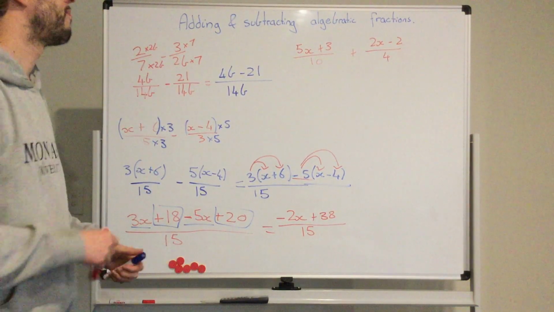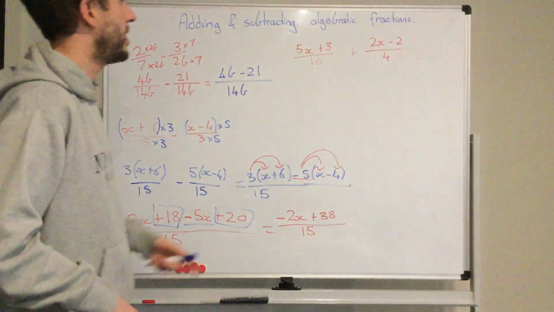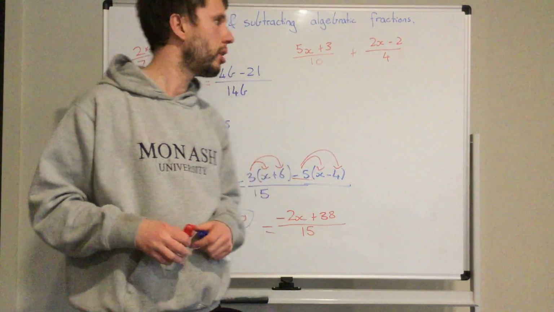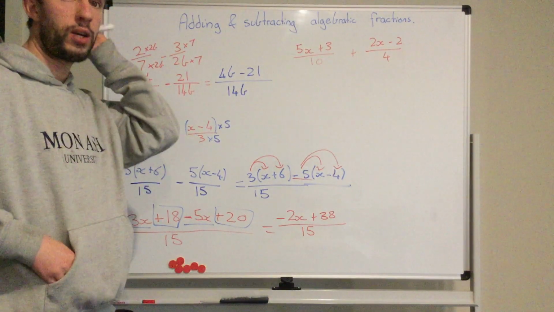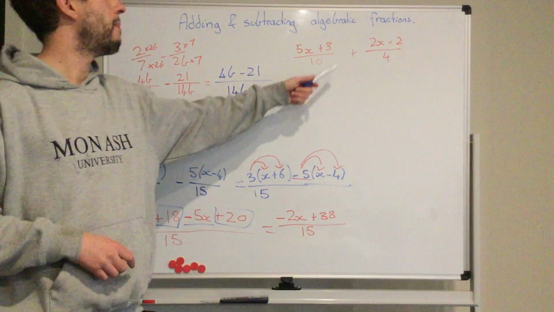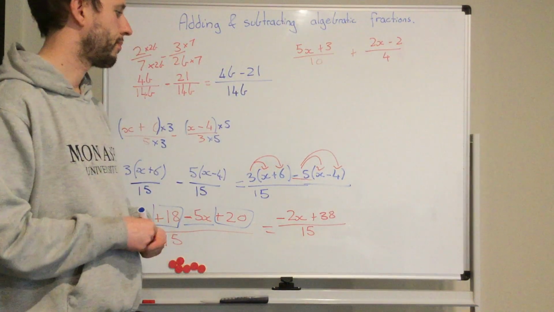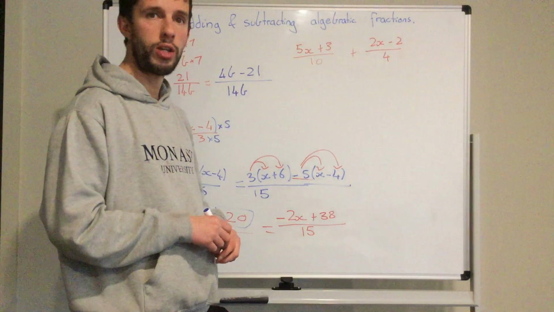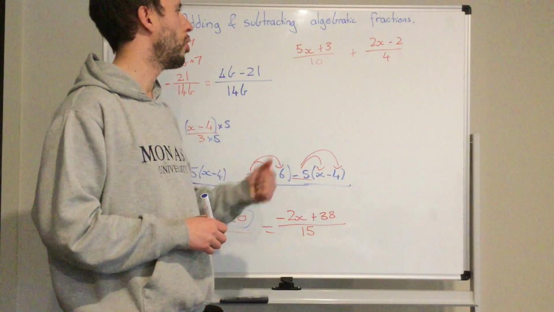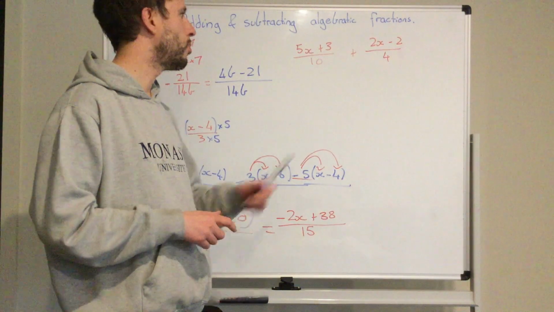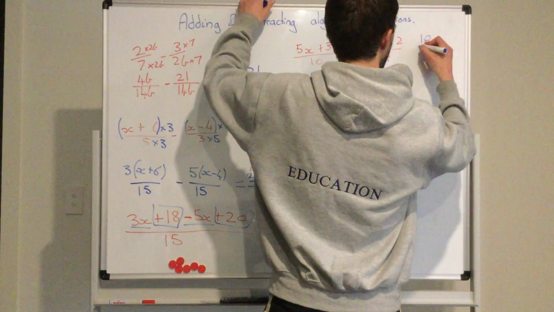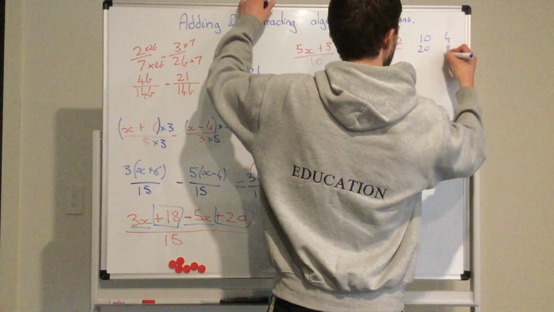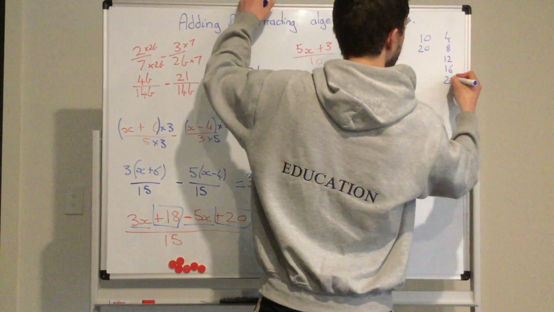5x plus 3 divided by 10 plus 2x take 2 divided by 4. Again, the first thing we need to do is make the denominators the same. So to do that, we need to think, what is the lowest common multiple of 10 and 4? If you don't know, you can skip count down the page. 4, 8, 12, 16, 20.